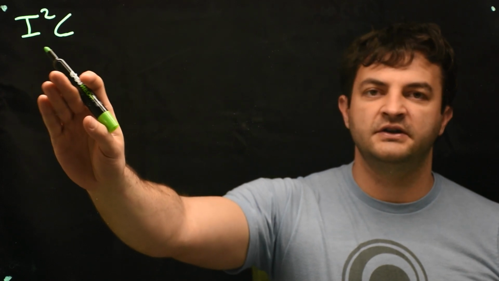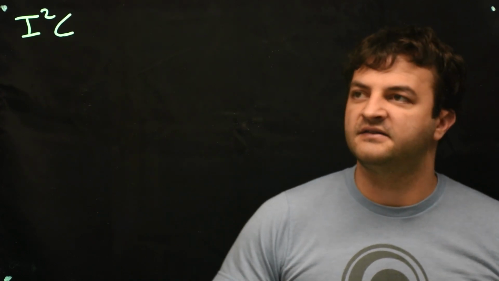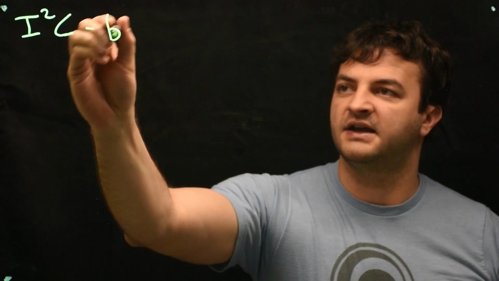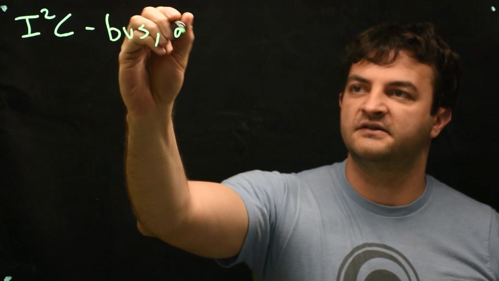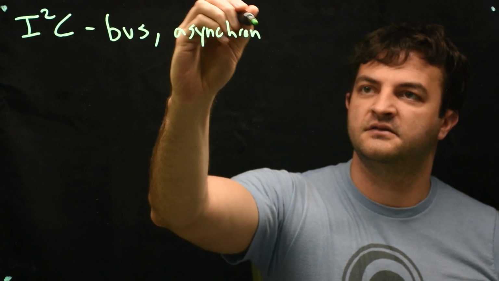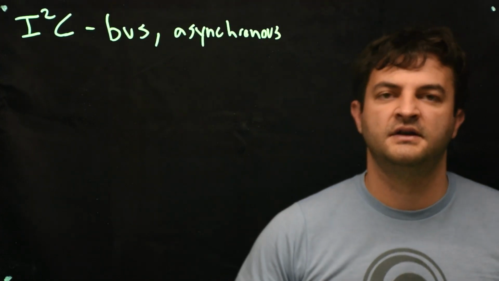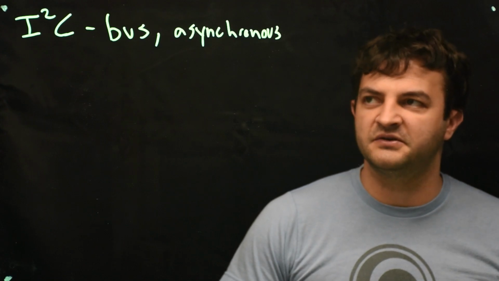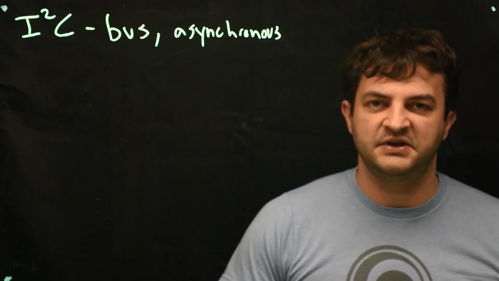In this video, we'll talk about I2C communication. I2C stands for Inter-Integrated Circuit, and it's a style of bus communication that is asynchronous and kind of similar to UART and SPI.